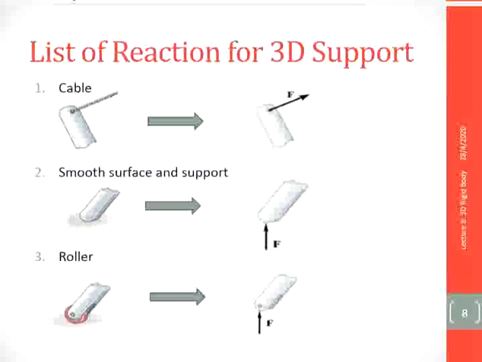This is the list of reactions for 3D supports. Firstly, we have a cable. This is a beam, and there is a cable there.